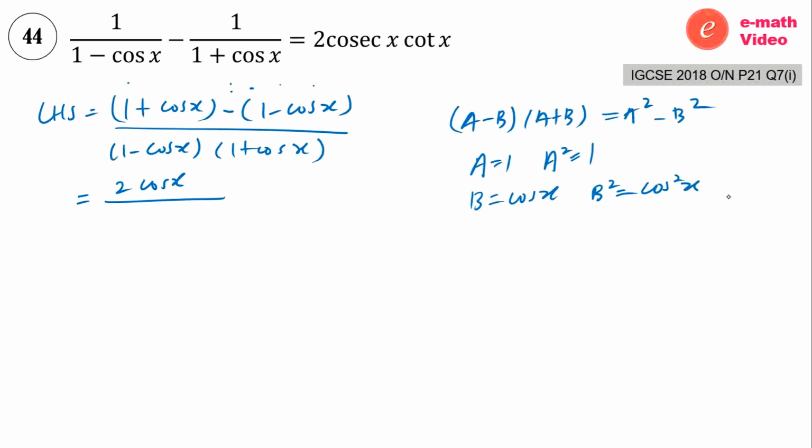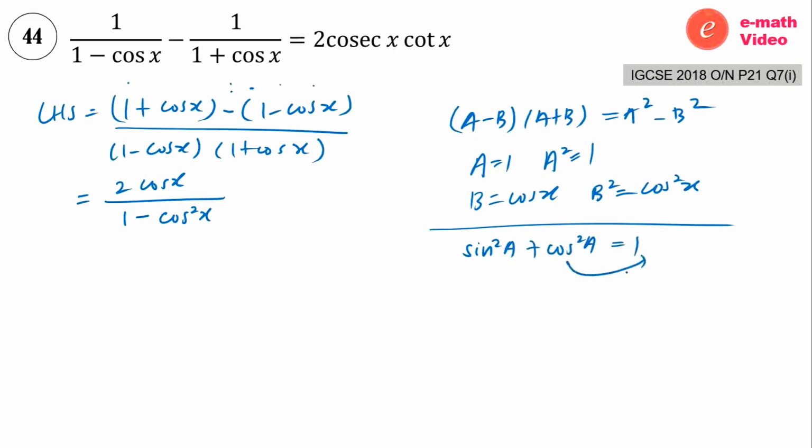We will have a 1 square minus cos square x, our friend. It's actually very similar to what we did just now. Sine square a plus cos square a equals to 1. Move this to the other side. 1 minus cos square a equals to sine square a. Alright. We have 2 cos x over a sine square a.